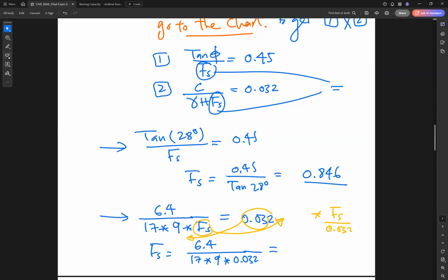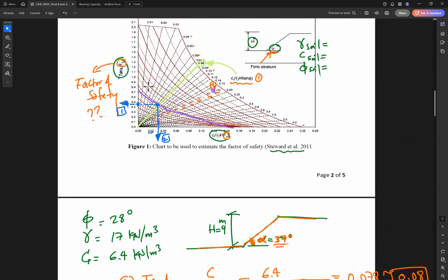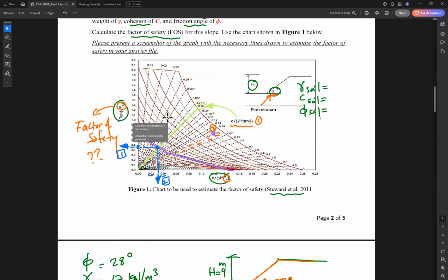Okay. When you move a term from the denominator, it goes to the numerator on the other side, or from the numerator to the denominator. Okay. We just have a small problem here. The values we got from here are not accurate. So I will try to get it accurate.